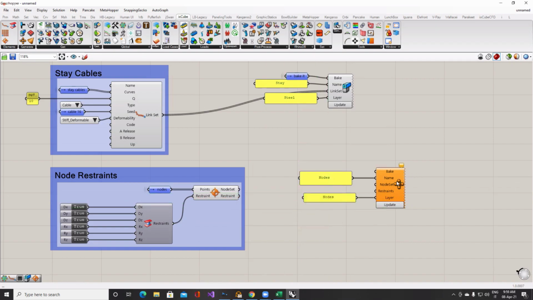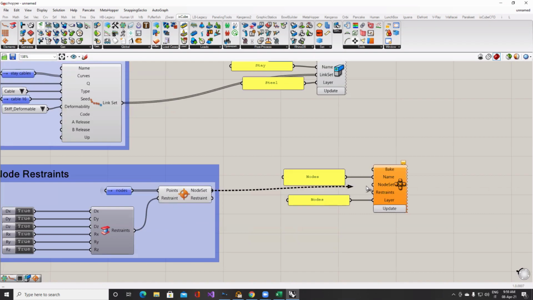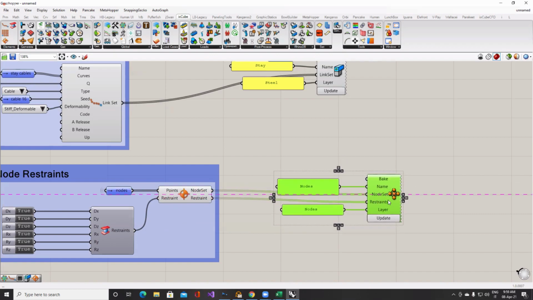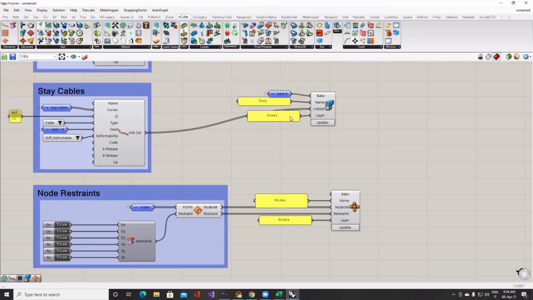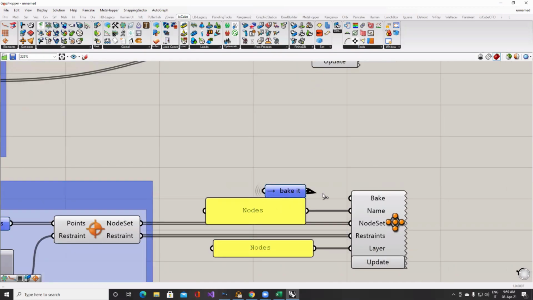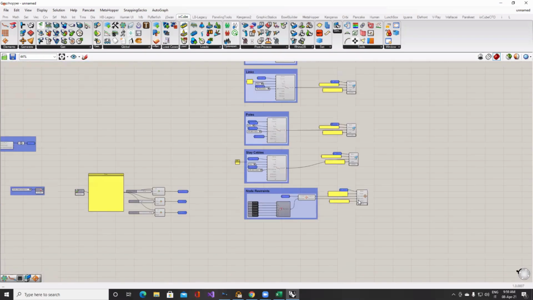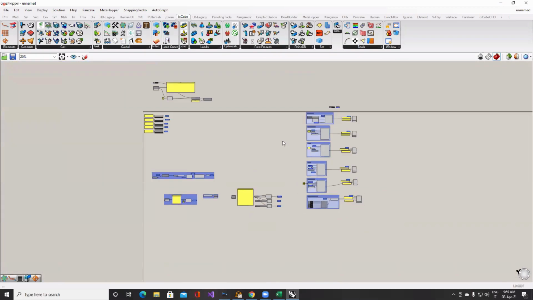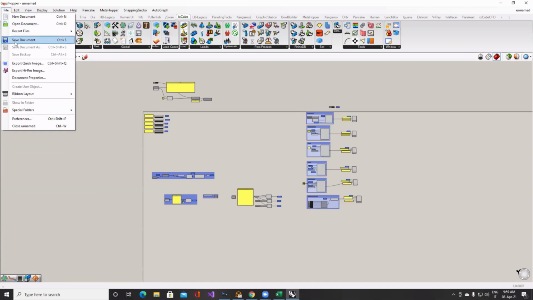You see that the node group wants a node set, and it wants a restraint. Let's get the baker. That's it. I think we have done everything. We can save this.